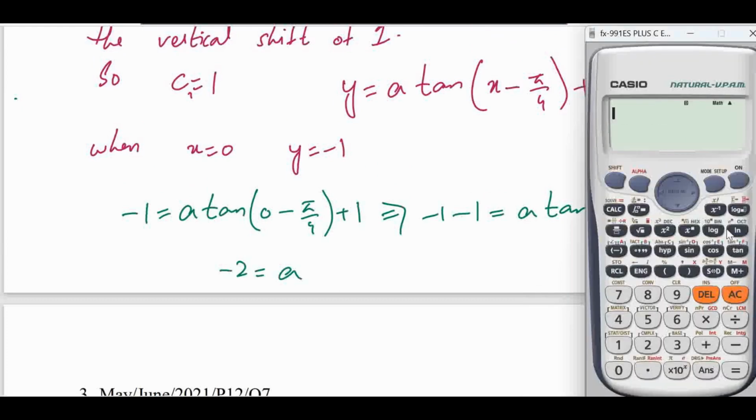Now tan of, the calculator should be in radian mode. Shift mode, radian is 4. So tan of negative pi by 4.